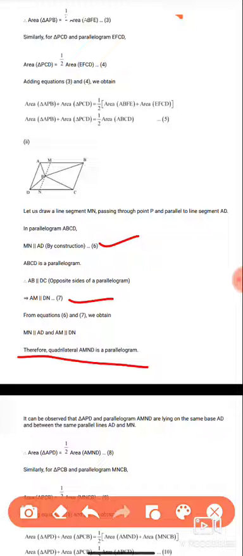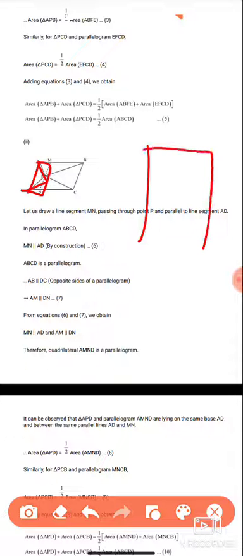So it can be observed that triangle APD and parallelogram AMND. Now see triangle APD and parallelogram AMND, I am marking it out. This is the triangle and this is the parallelogram. I am making it over here so that you will not have confusion.